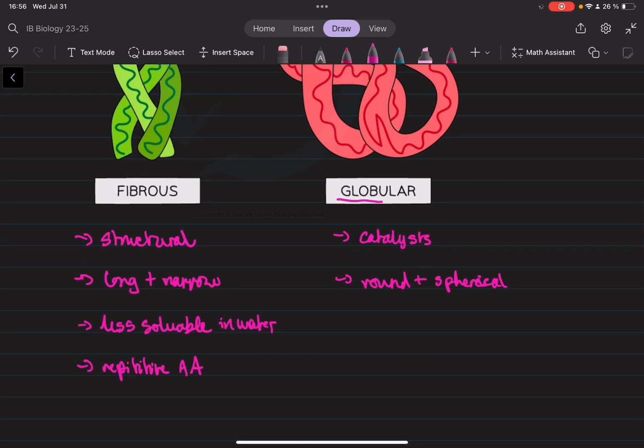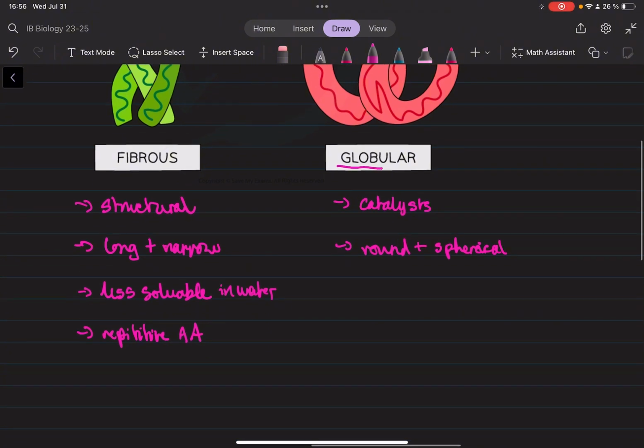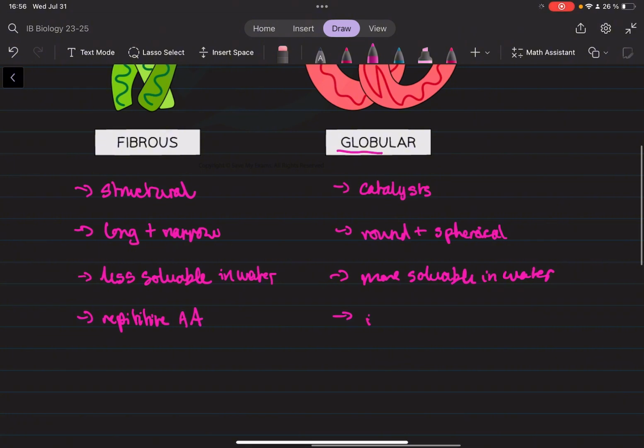So if you just remember, like a glob of ink, for example, would be like a general circular, round shape. So that's how I think you can distinguish between them. They're generally more soluble in water, and they have irregular amino acid chains. So they're not repetitive in the ways that fibrous proteins are.